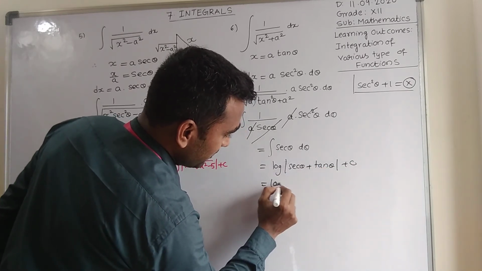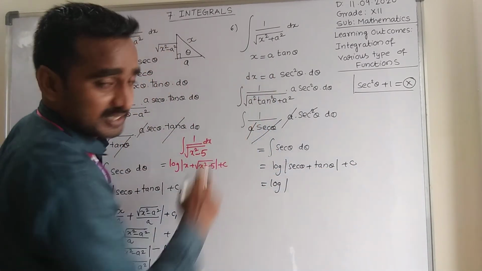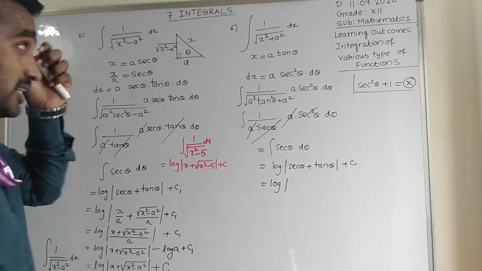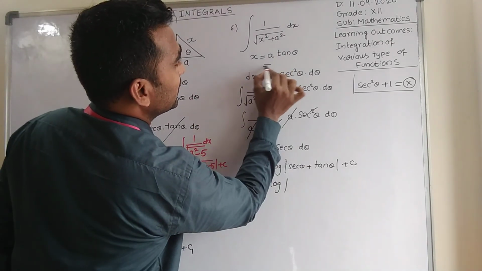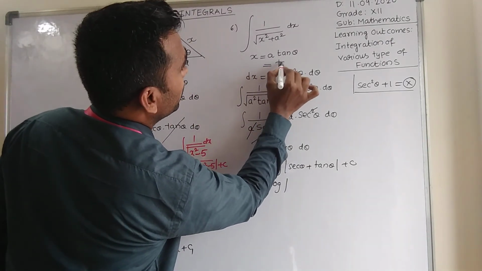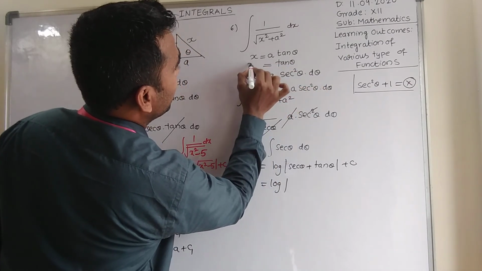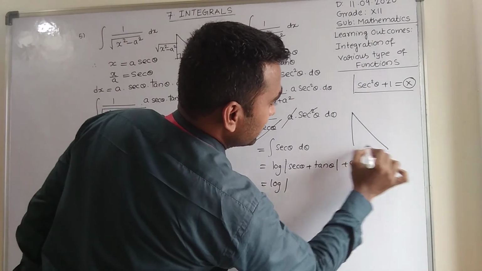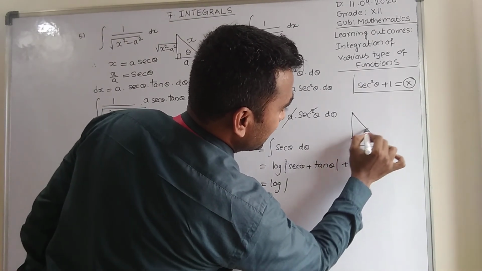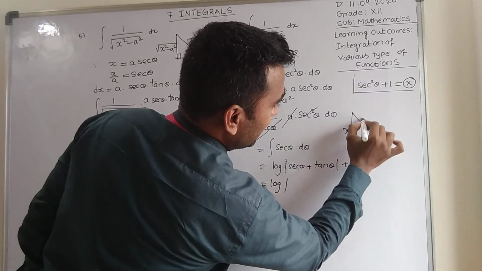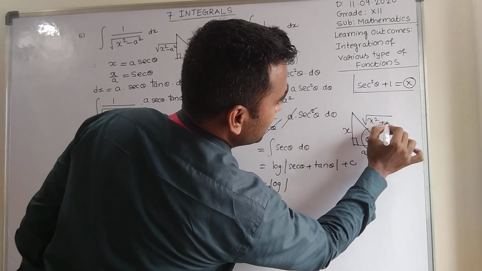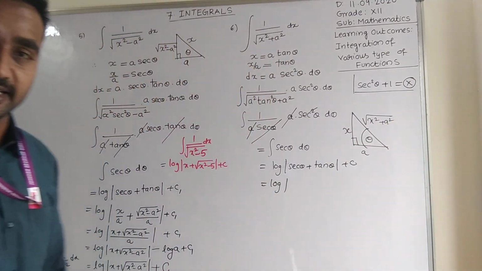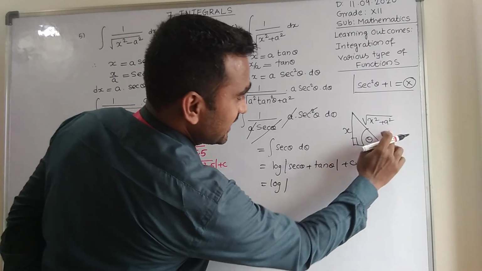Now logarithm of what is secant here? See students, from this relation tan theta is equal to x by a. Now draw the diagram: tan theta is x by a, and the third side is root over x square plus a square. Now what is secant theta?